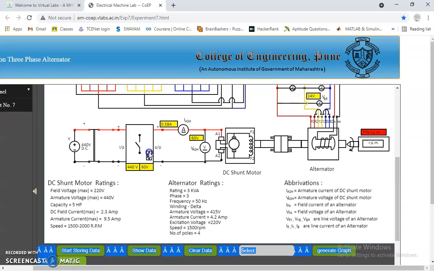Now, the speed crosses 800 RPM. Now it's nearly 1000 RPM.